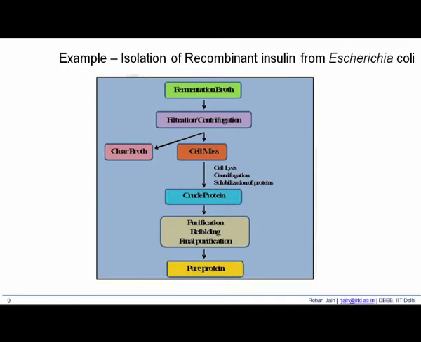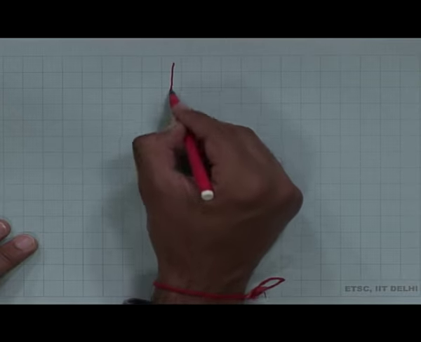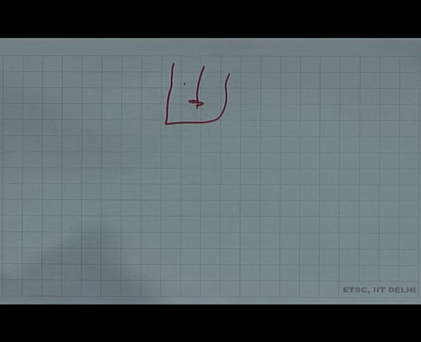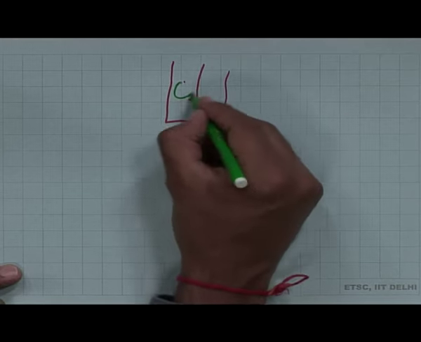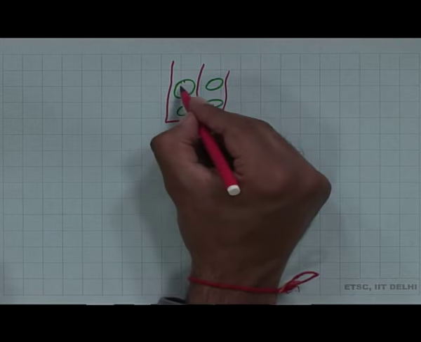And then that is the end of the story for antibiotic production. The next example is of an intracellular product, recombinant insulin. So, here again you have cells, and your product is inside.